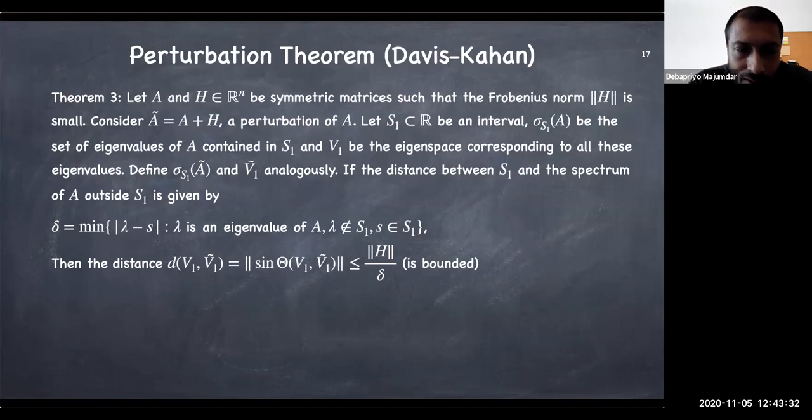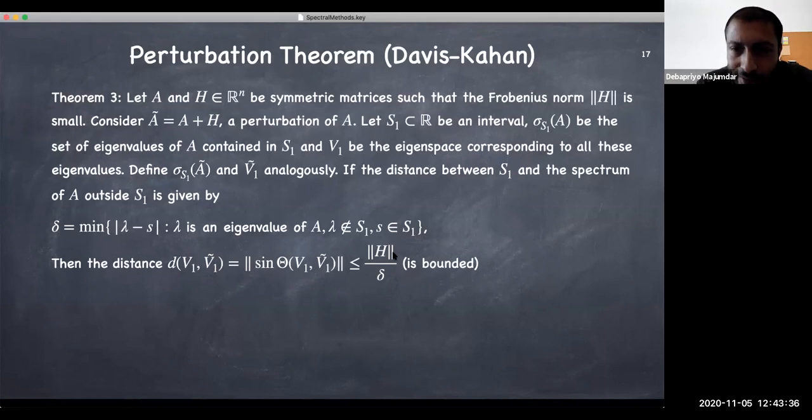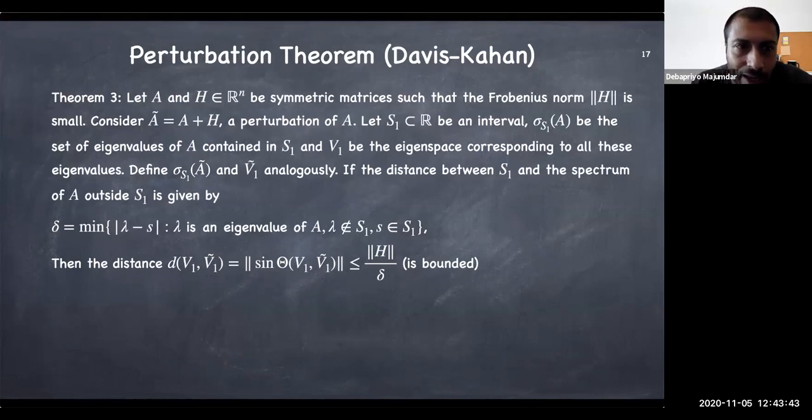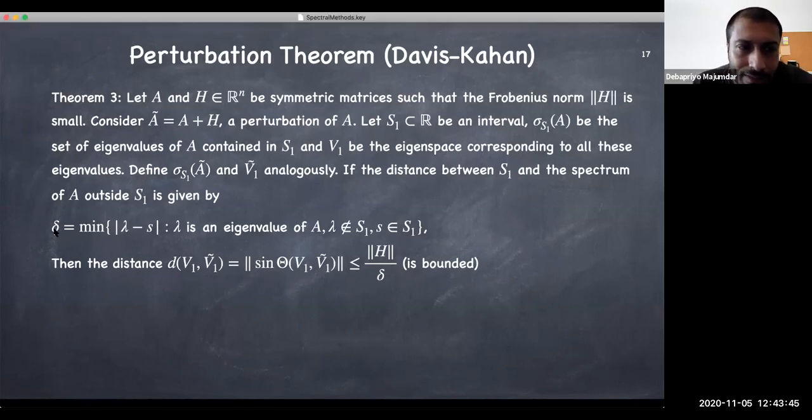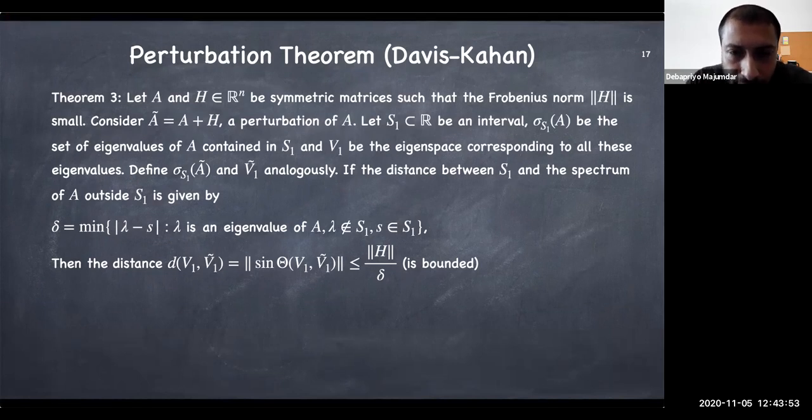So which means, first of all, let's look at this. H, norm of H, we said H is a perturbation. So obviously H shouldn't be too large. So norm of H should be kind of small. And delta, the bigger the delta, the better, right? So it is better if the other eigenvalues are actually far apart.